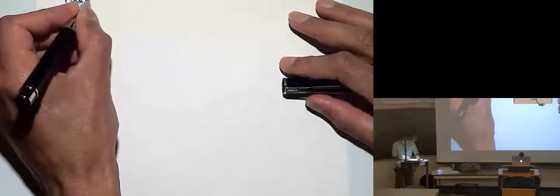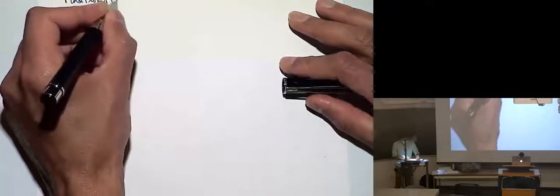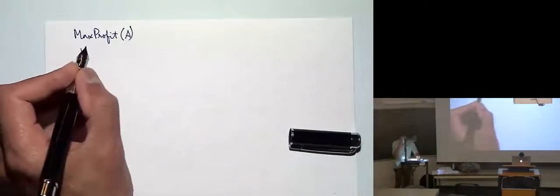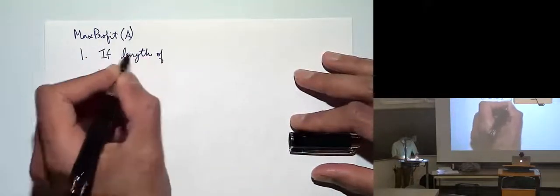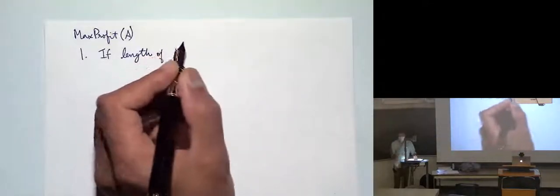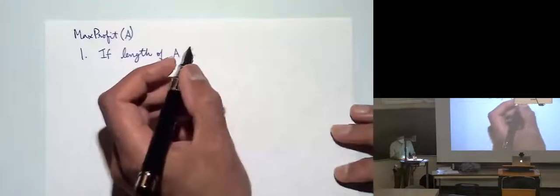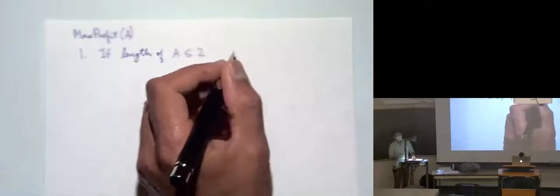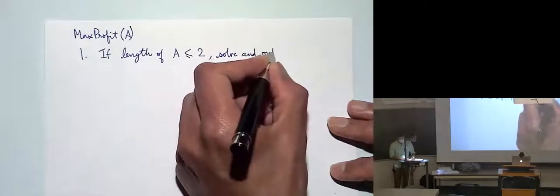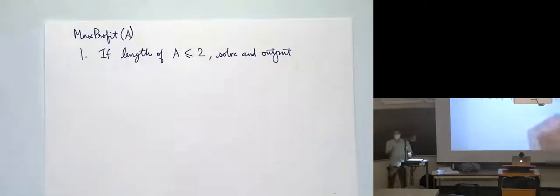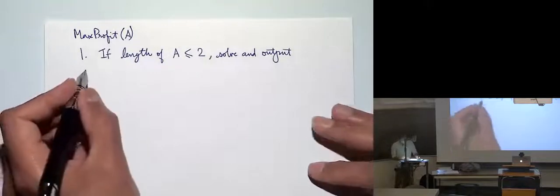So I'll just say this process max profit of A. For the base case, I'll just say if the length of A is, I don't know, less than or equal to even 2, then just solve and output. Then it's easy, right? You just look at the difference. It's fine.